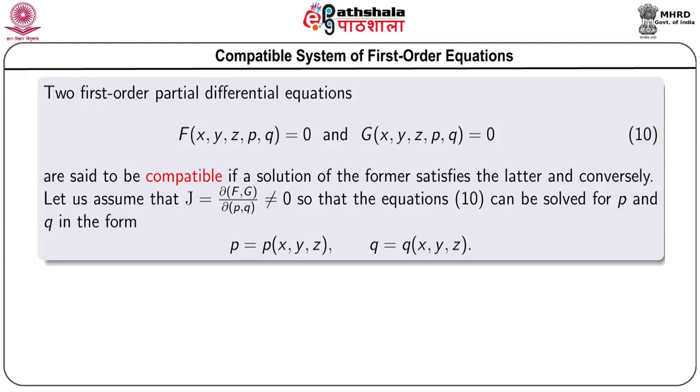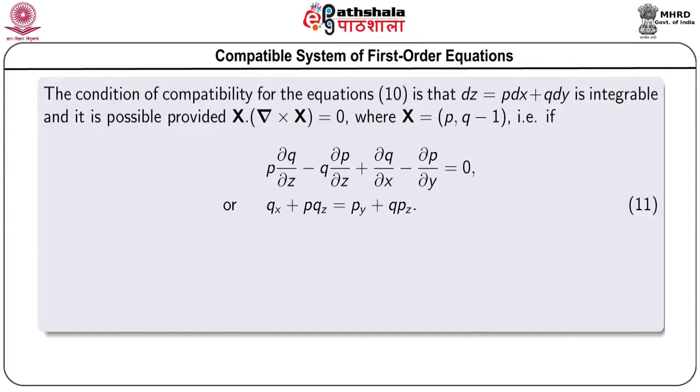That means we can find the solution for p and q from equation 12. So, solving equations in 12, we get p as a function of x, y, z and q as a function of x, y, z.